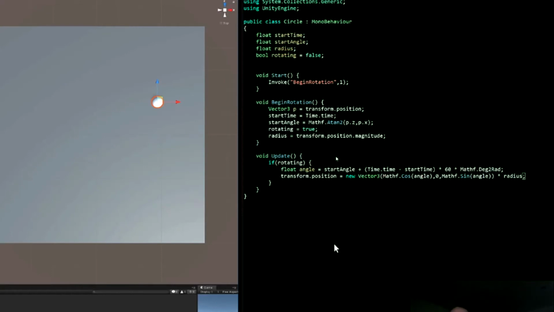Where was I going to go from here? I've got sine and cosine and atan 2, and well, I suppose it gets the job done, doesn't it? Well, what about if we could do it without using any trigonometric functions?